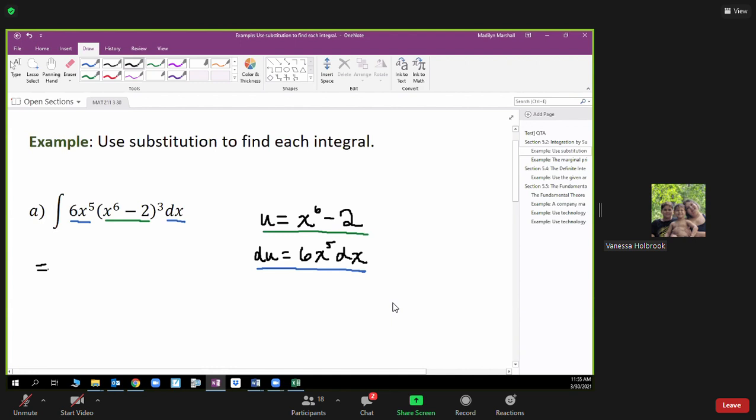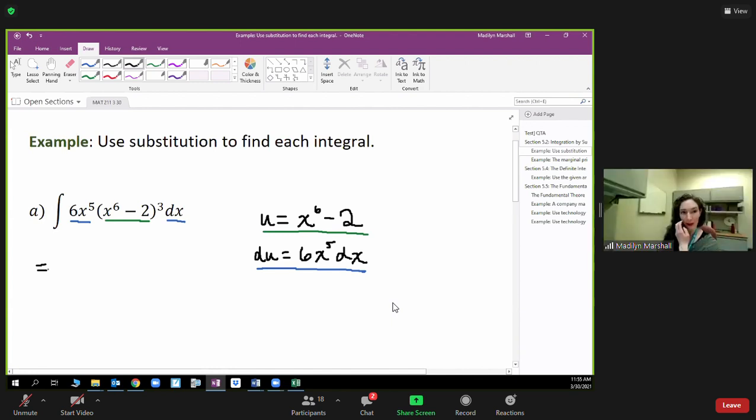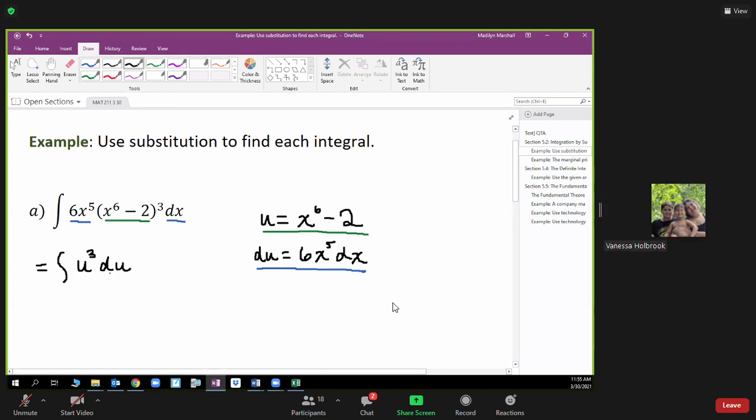What happens to that 3rd power? It stays. That is going to still be a part of what we are seeing because we're not going to be able to replace that exterior function with the u, but when we substitute our u, now we just have u to the 3rd du. Oh, that's right.